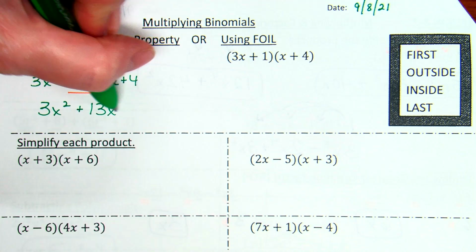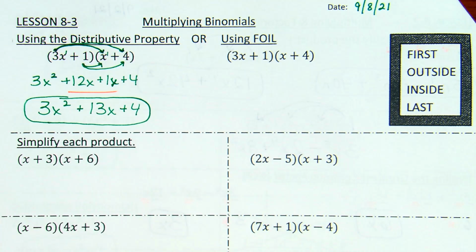And then plus 4. And that's what a final answer will look like today. Okay? There's going to be some exceptions and things where terms cross out and that kind of stuff. But that's the general idea of what it's going to look like. So we distributed the 3x, and then we distributed the 1.